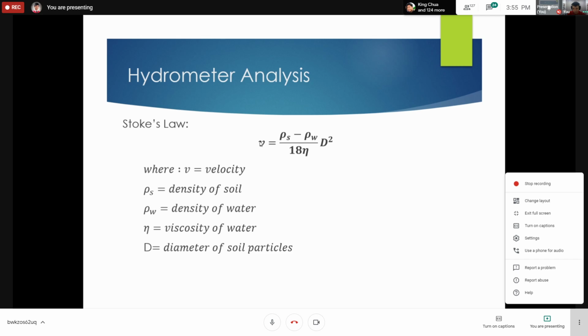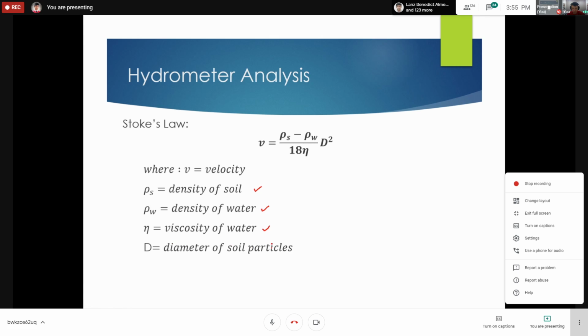Okay, so we need the density of the soil, we need the density of the water. This one is constant, a standard value for the density of water. I think you'll be dealing with the same parameter in your fluid mechanics, also for the viscosity of water.